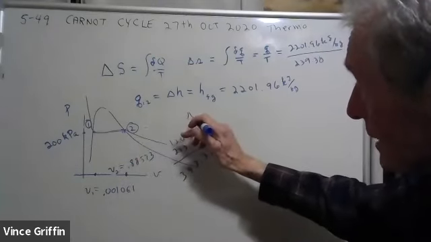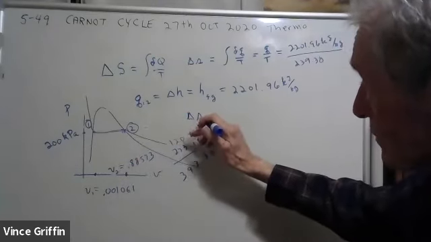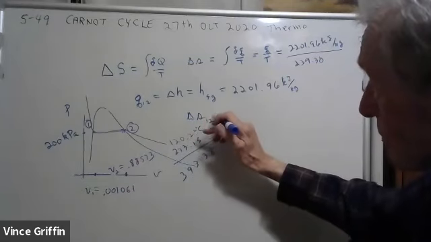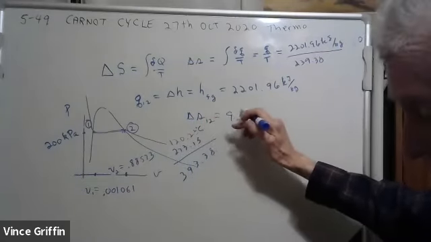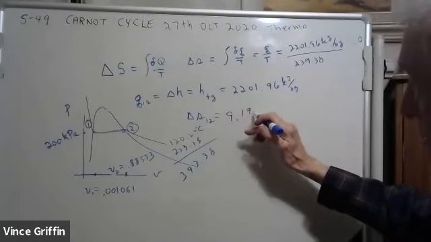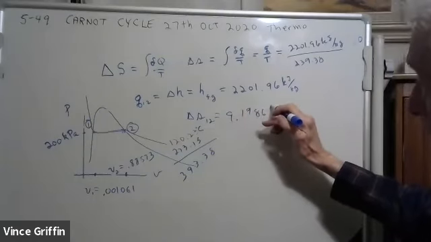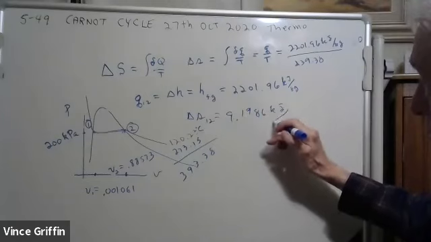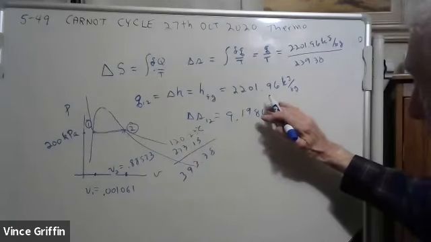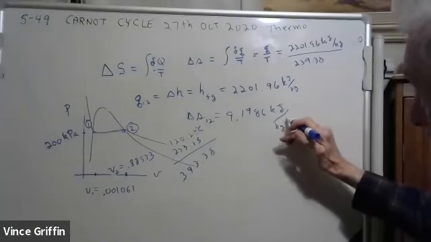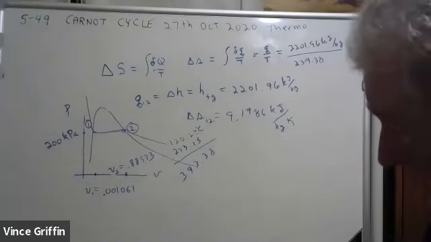I did that and I got the change in specific entropy going from 1 to 2 to be 9.1986 kilojoules per kilogram Kelvin. Did I do that right?